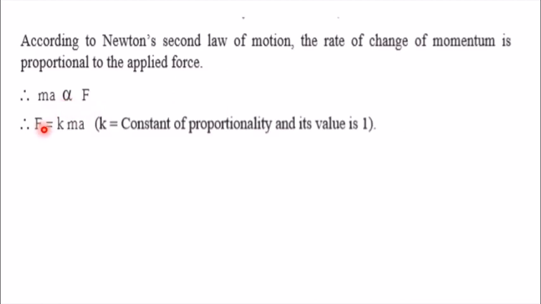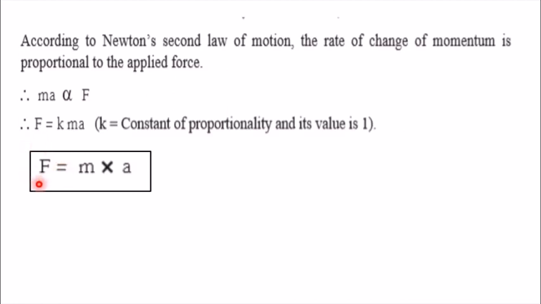Now, proportional we will convert into an equation with a constant. So F will be equal to K into MA, that is mass into acceleration. Well, K is a constant and its value is always 1. So our final answer is force is equal to mass into acceleration.